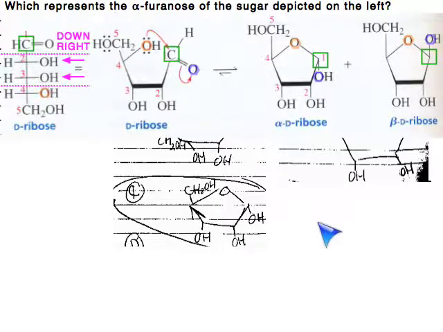Okay, finally, a furanose is a sugar which has a 5-membered ring, 1 oxygen, and 4 carbons. A pyranose is a 6-membered ring, 1 oxygen and 5 carbons.